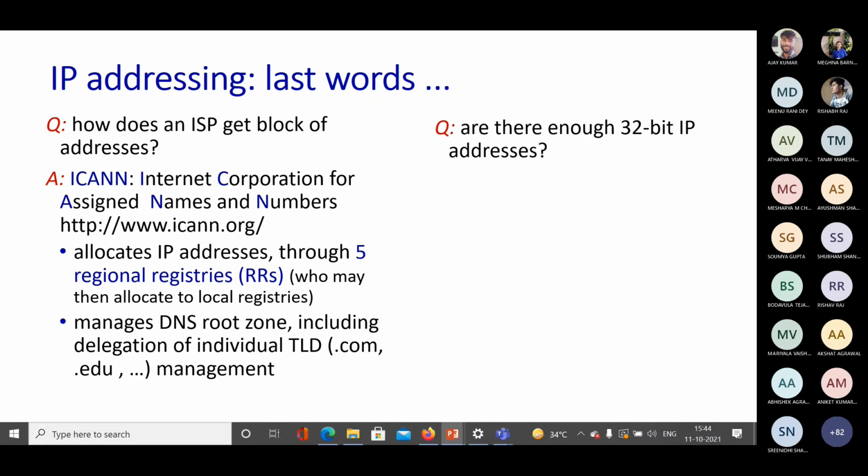Now the question that comes is that the IP address that we have been talking about is a 32-bit IP address, and as I already told, this question I have already answered earlier in the class today. That 32-bit IP address is not enough for the billions and billions of devices which are there in the world at this point of time.